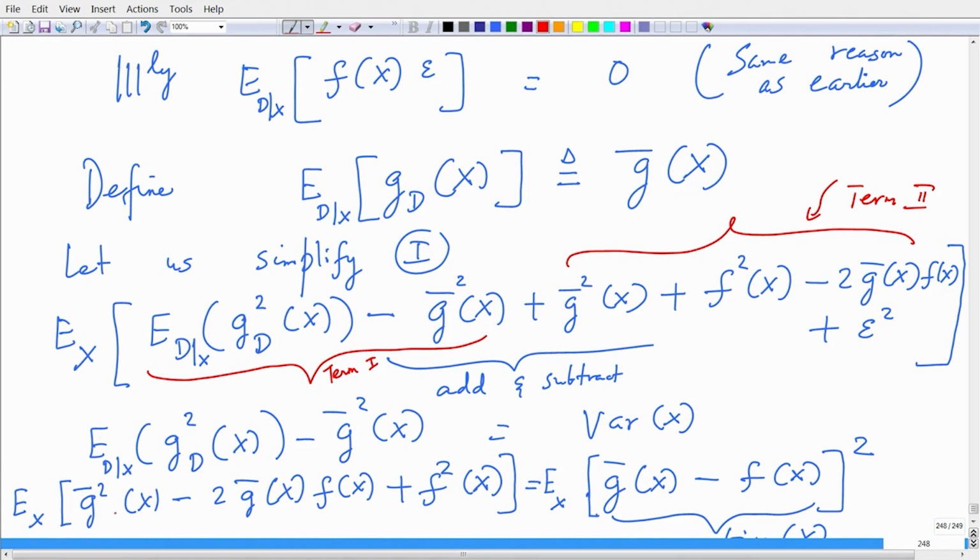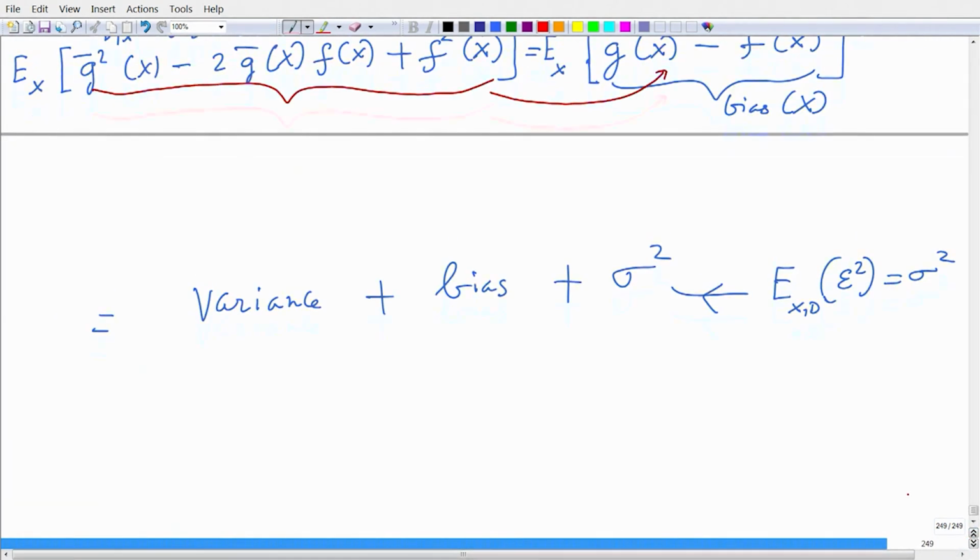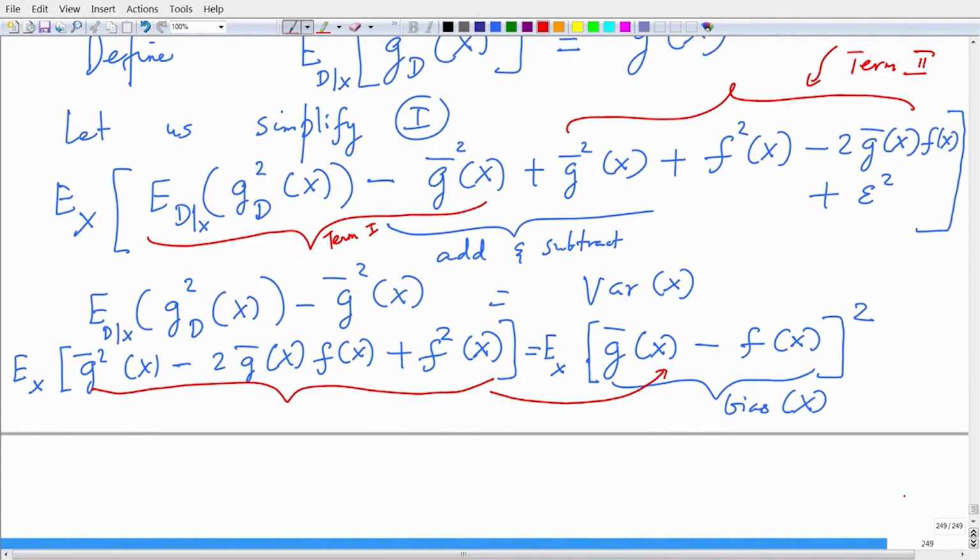So I have this quantity inside the expectation over x simplified as g bar of x minus f of x, and this squared would be essentially the bias, and this expectation is what I am computing over x.